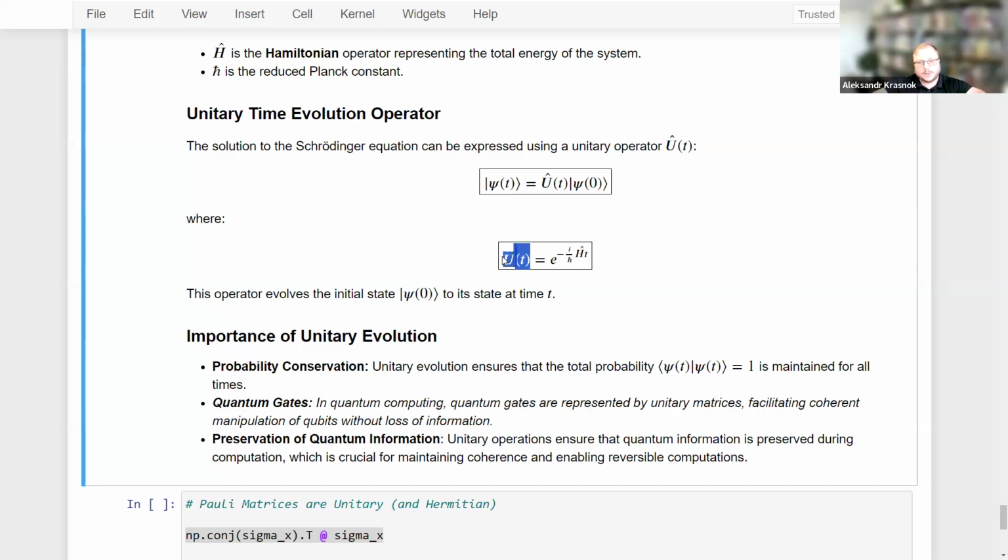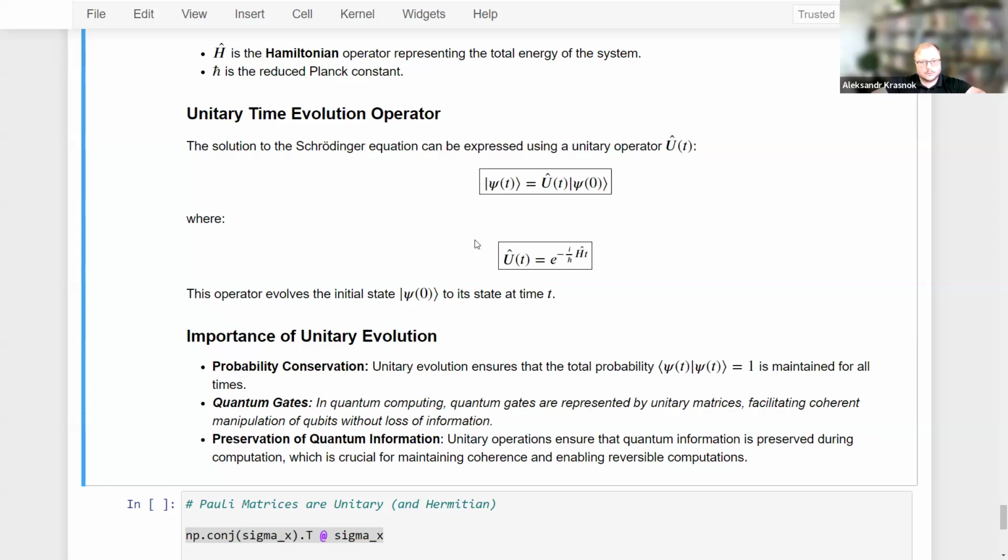So the operator U is equal to the exponential function to the power of minus i over h-bar, Hamiltonian times t. This is the operator in an exponential form.